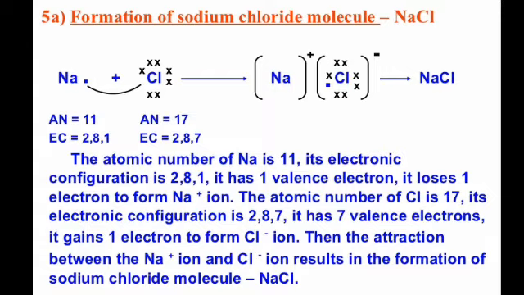So sodium has one electron extra, while chlorine has one electron less to attain its stable nearest noble gas configuration.